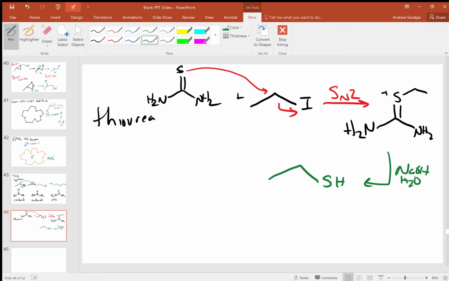So in terms of reactions of thiols, there's really one critical reaction of thiols. And that reaction is the following.